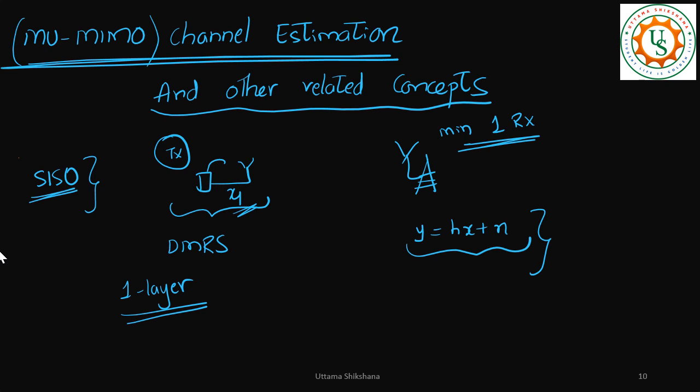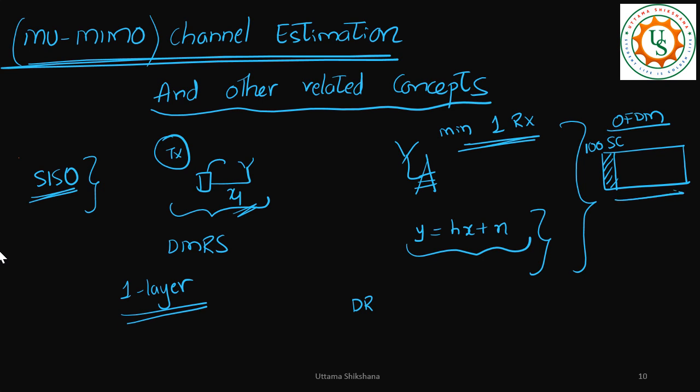To understand the multi-user MIMO advantage, what we need to look at is the data rate. For now, we have the OFDM grid, which we usually talk about, of one slot worth. But right now, I will consider across one symbol 100 subcarriers, and let's say 10 symbols.